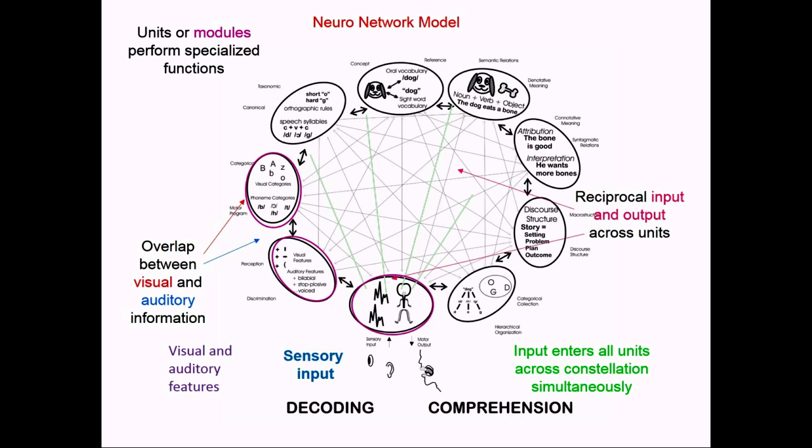So you have the b phoneme or the a phoneme or the t phoneme, etc. You're going to do the same thing in the visual system. In the visual system, you start to acquire letter categories. So you start to recognize the shapes of the letters of the alphabet, usually starting with the letters in your own name, particularly the first letter.